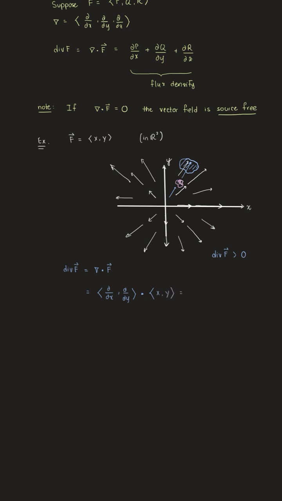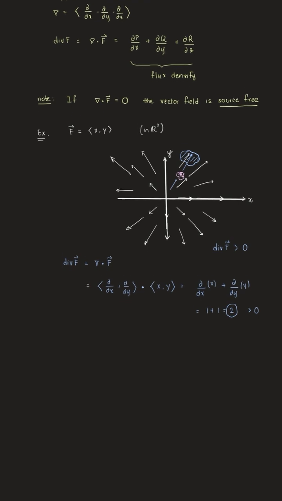And so that's going to give us the partial of x with respect to x plus the partial of y with respect to y, which is 1 plus 1, which gives us a 2. And so for sure, this is a positive value, and we have an expanding vector field.